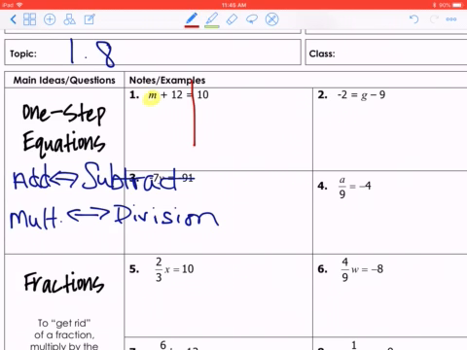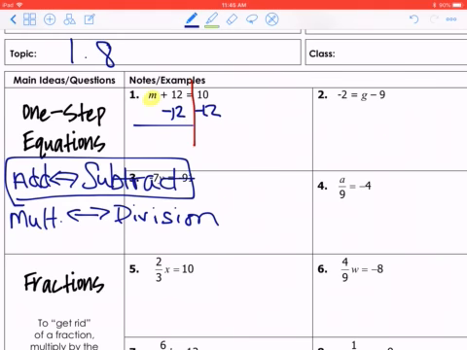So now if you look, we had plus 12, so we were adding 12. I want to do the opposite of addition, and we can see down here that if it was addition, the opposite is to subtract. So I'm going to subtract 12 from both sides, because whatever you do to one side of the equation, you must do to the other side. See how we now made that little T-table?